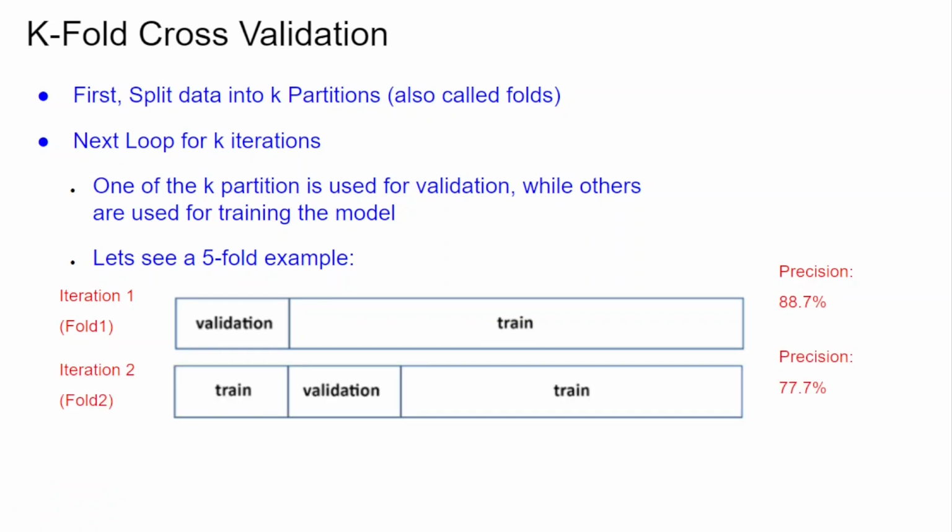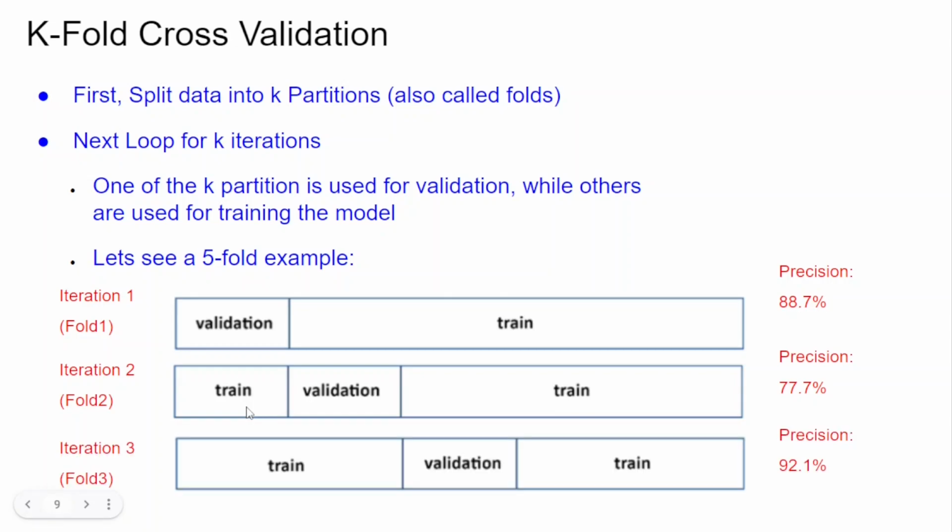Same way you'll do the next iteration. In this second iteration, what are we doing? We are taking a different fold to be the validation fold, and the rest of the data is the training data. Again, you get a precision, 77% in this particular case, which is much lower than what I saw in the first fold. Now, none of these independently matter so much to us at this phase, but rather we are more interested in running enough folds, enough iterations, for us to completely exhaust the data on this strategy.